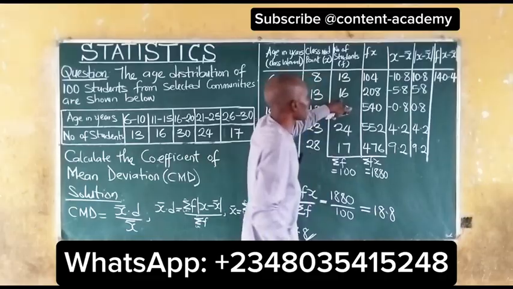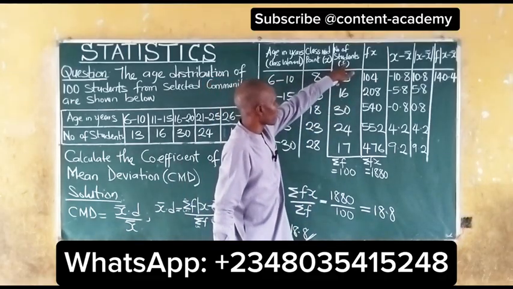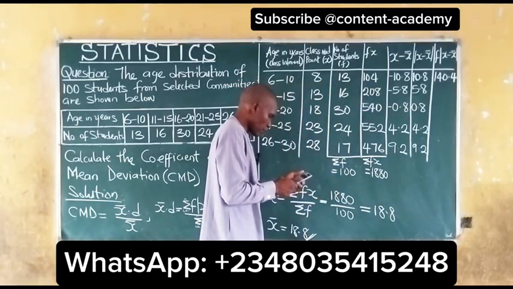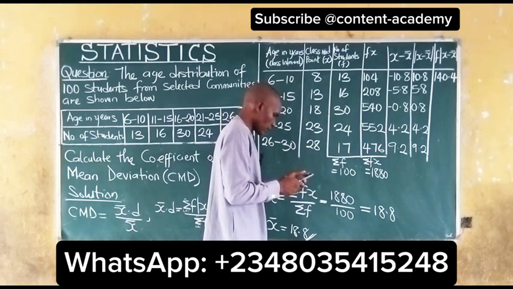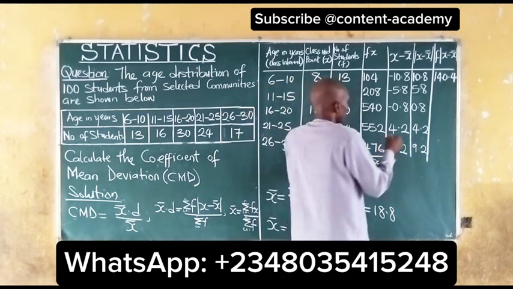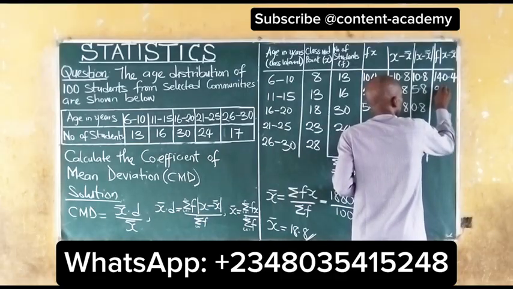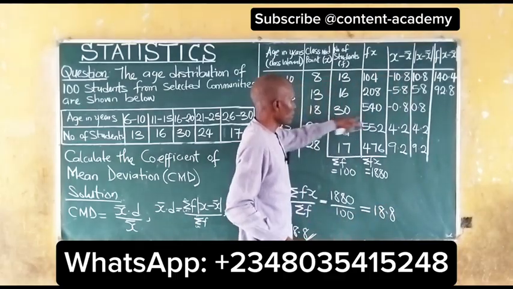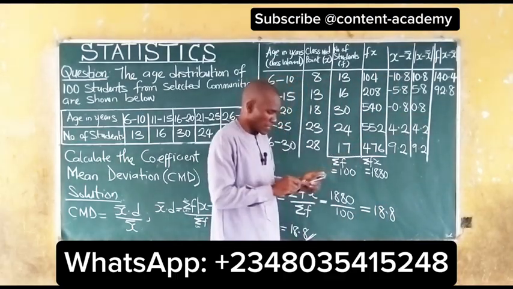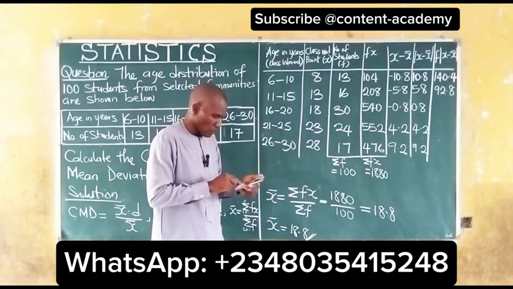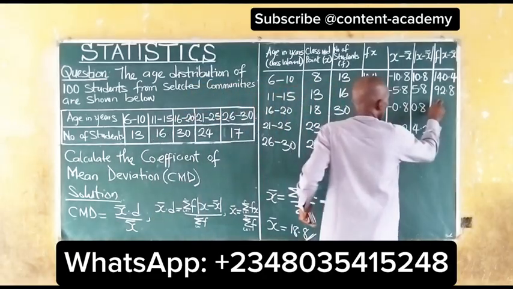Now we have here 16, which is f. 16 multiplied by 5.8, we have 92.8. Now we have 30 multiplied by 0.8, we have 24.